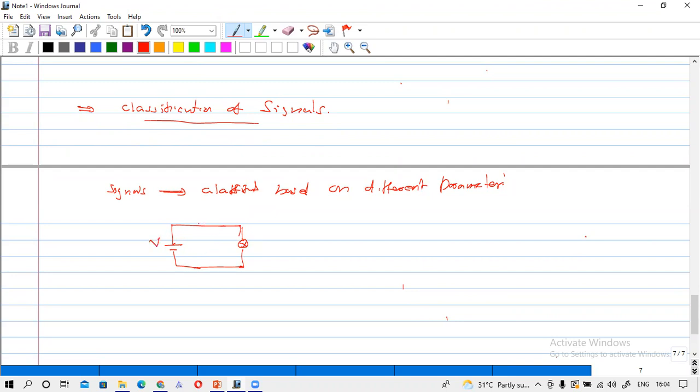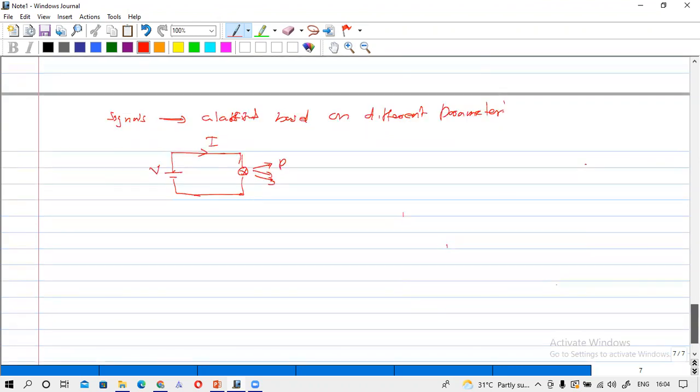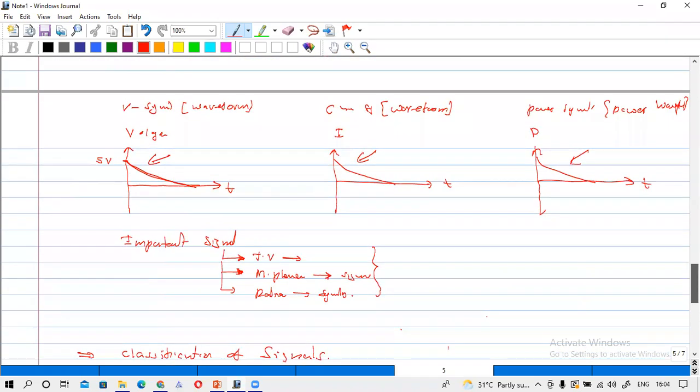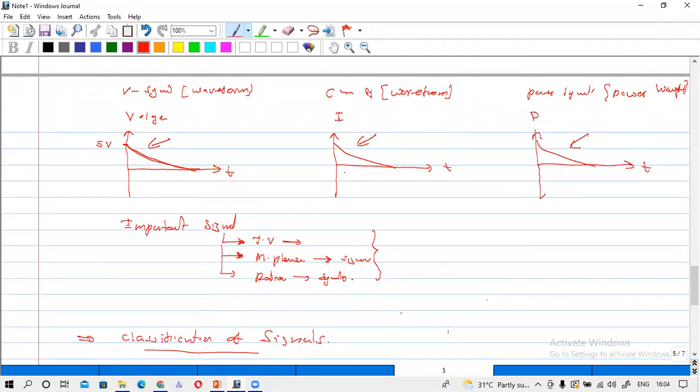Here we have voltage, here we have current, and here we have power emitted from the light. You can see here that we can also plot voltage according to the current.